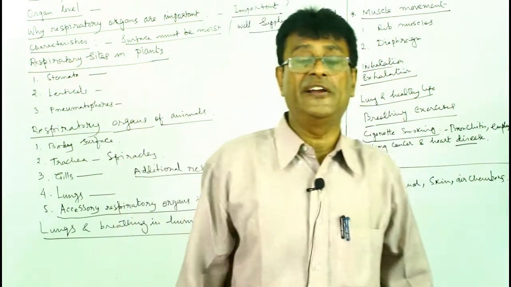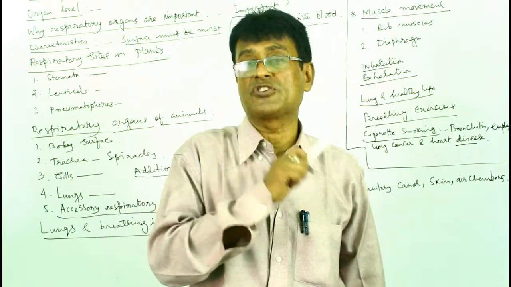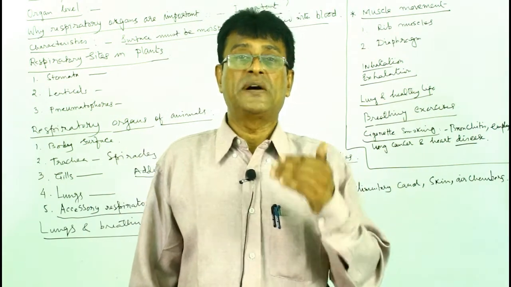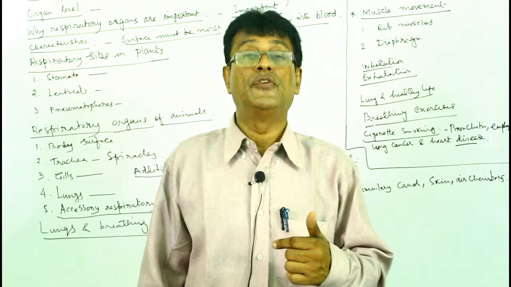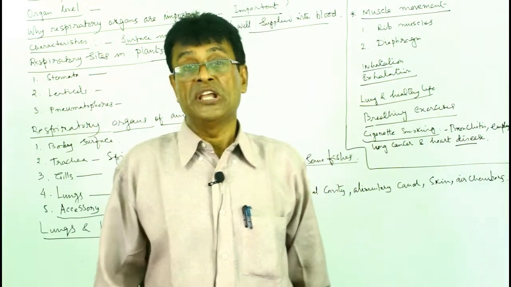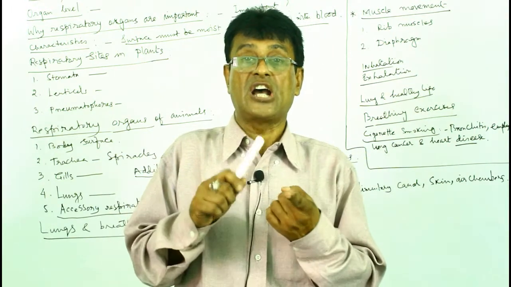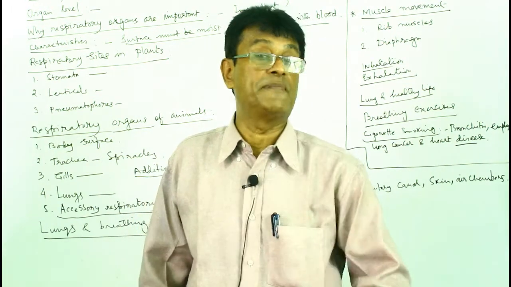In inhaled air, the percentage of oxygen is approximately 20%, while in exhaled air, the percentage of oxygen is reduced to 4.5%. You will see how mathematical nature is, the increase of the carbon dioxide is also 4.5%.